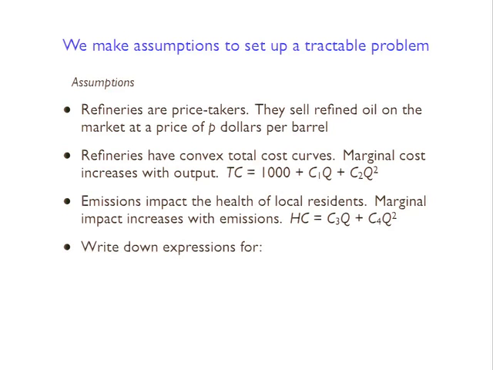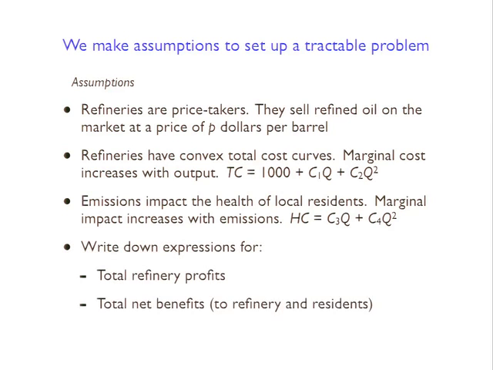So in your groups, I want you to talk for a couple minutes and write down the expressions for both the total refinery profits, given the setup that I gave you, and also the total net benefits to the refinery and the residents. The key here, again, is you need to think about what's the problem that's trying to be solved and what the choice variables are. So just do that, and I'll have one of the groups give its answer in a couple minutes.